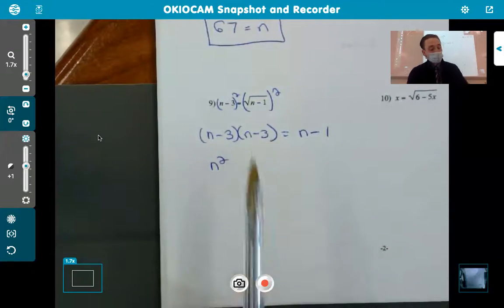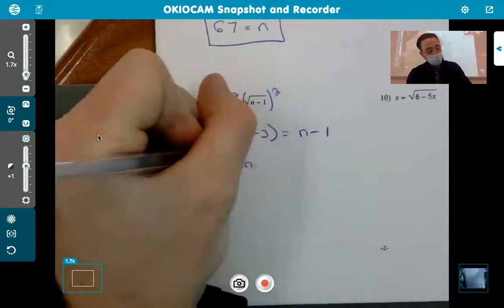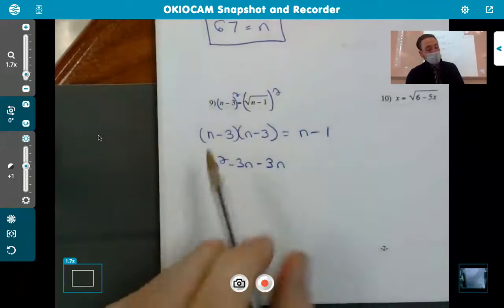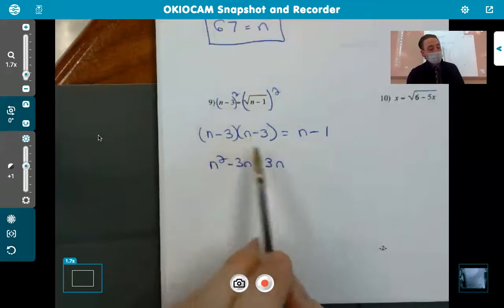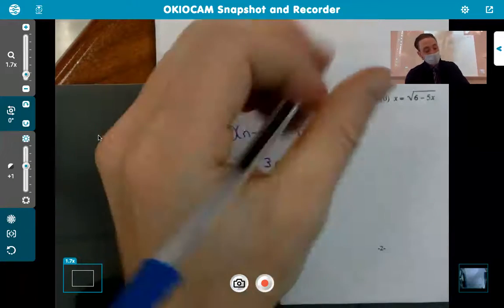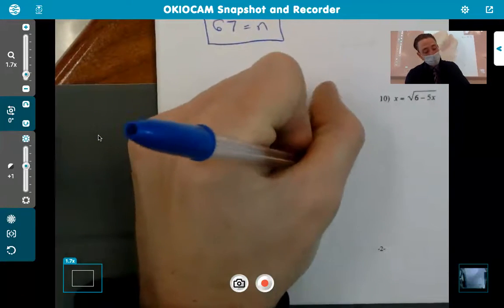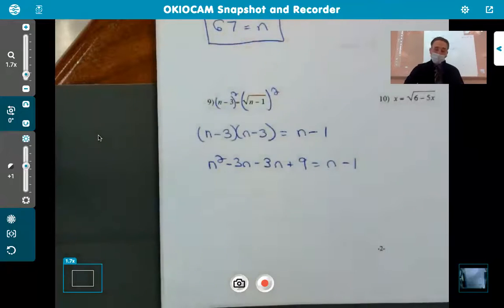N times negative 3 gives me negative 3n. And I have that twice, right, from the inner terms as well. Negative 3 times negative 3 gives me a positive 9. So be careful with your integer rules as well. Everybody good so far?